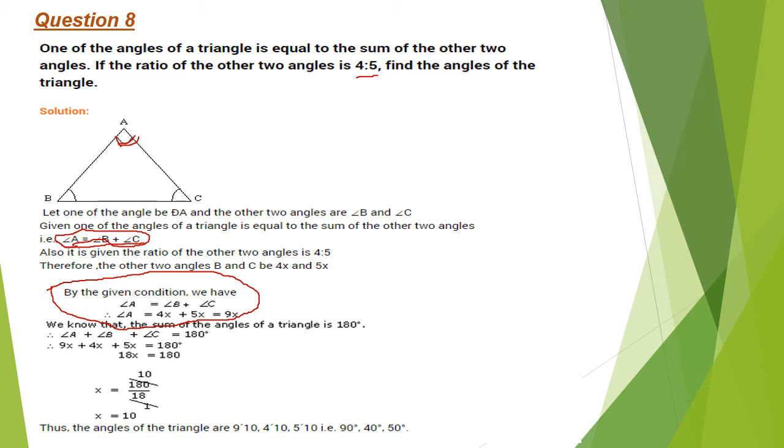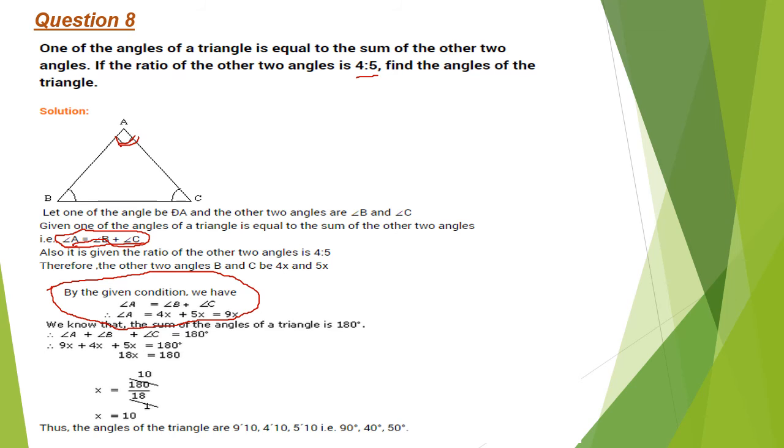So we know the common ratio as x, and consider the two angles as 4x and 5x. If two angles are 4x and 5x, then angle A becomes 9x because 4x plus 5x equals 9x.